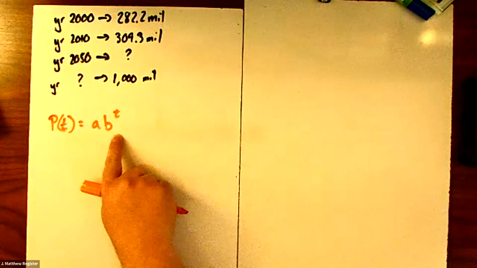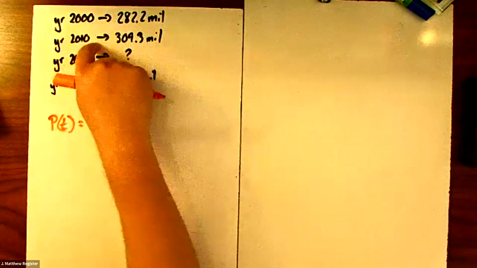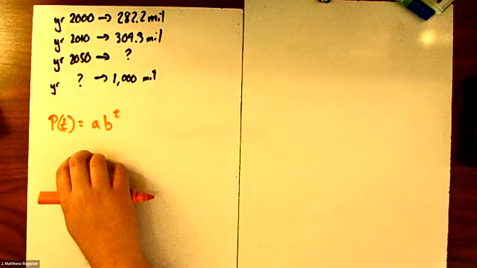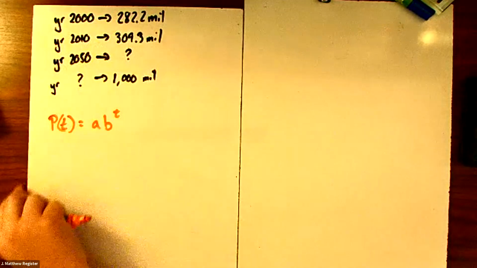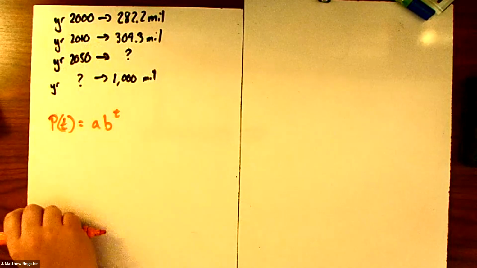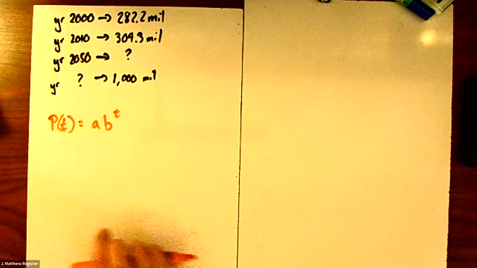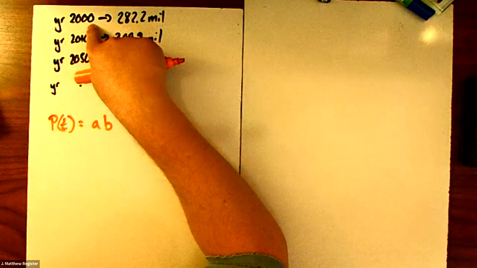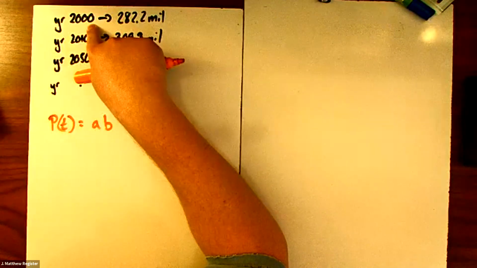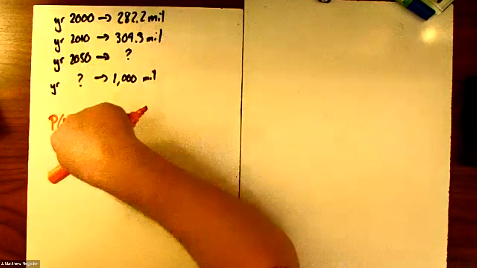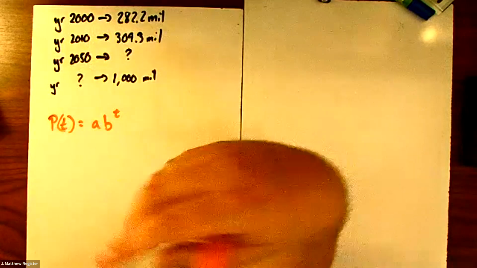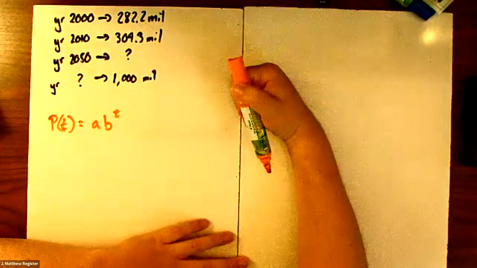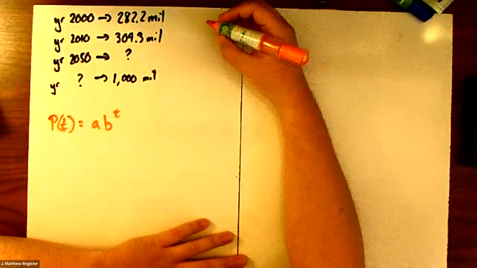When we look at this, we need to figure out what all of the different units are going to be and how we can input things. Let's start by taking these years. I personally don't like using the year as 2000 and plugging that into a formula. So instead, let's make it so that year 2000 is considered year 0.